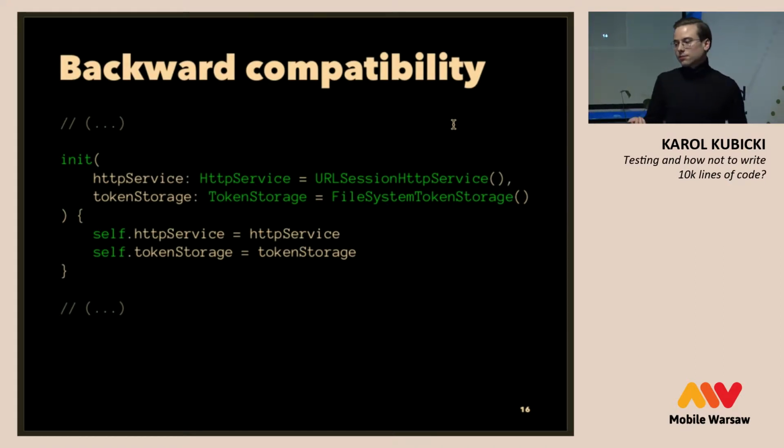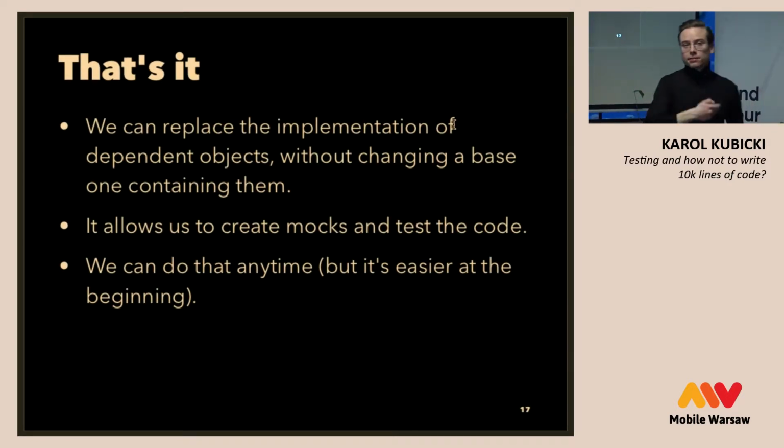So this is the simple trick for how to maintain backward compatibility and have testable code. That's it. That's all we need to do. So now we can replace the implementation of dependent objects without changing the classes that are using it, which means we can now create mocks and inject those in this object.